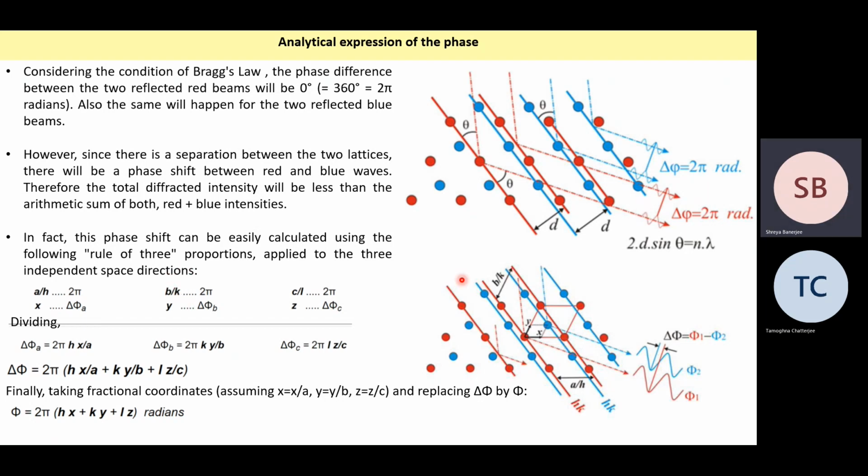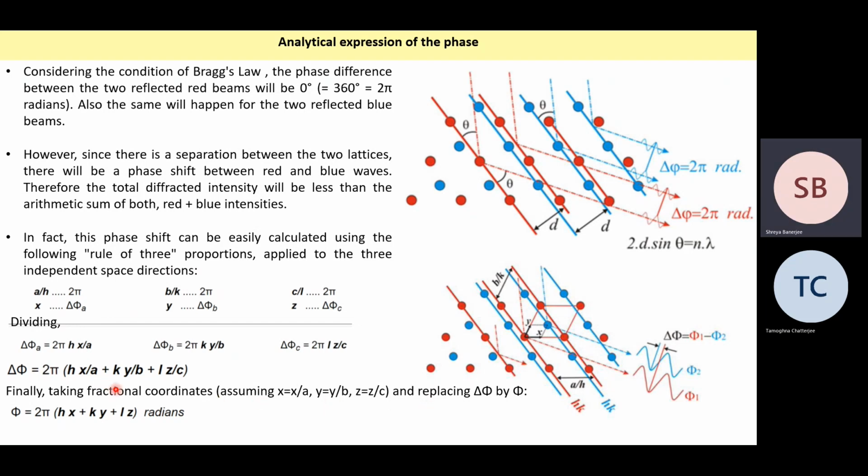Similarly, b by k, which is the vertical difference, must also correspond to 2 pi, and similarly c by l. Another thing is that if you take the difference between the red and the blue lines, which is the phase difference phi, it corresponds to x. If you divide these two and then add them up, you will find that this phase difference between the red and blue waves is a multiple of 2 pi.